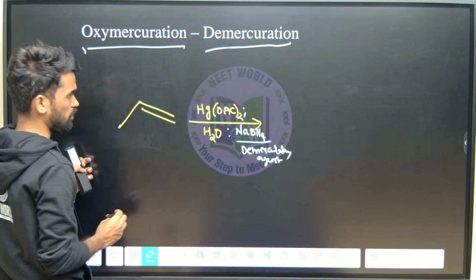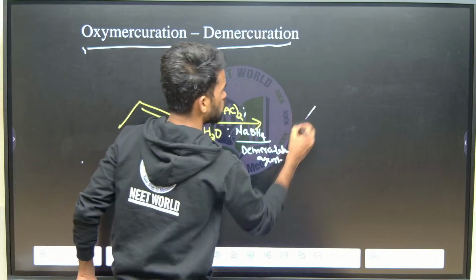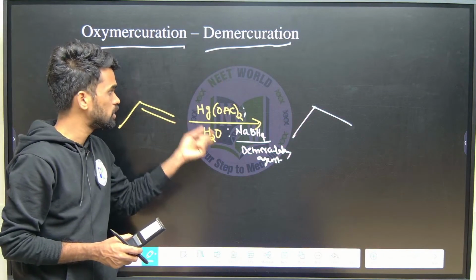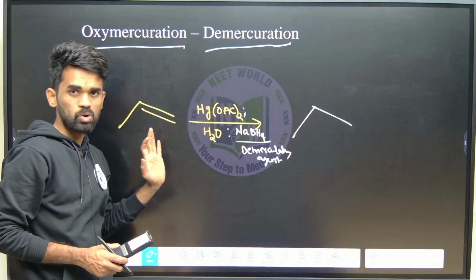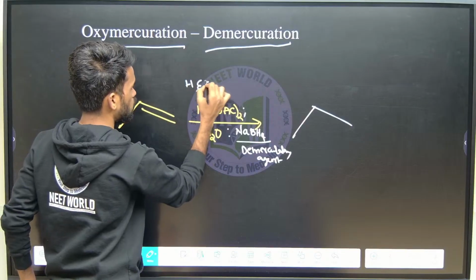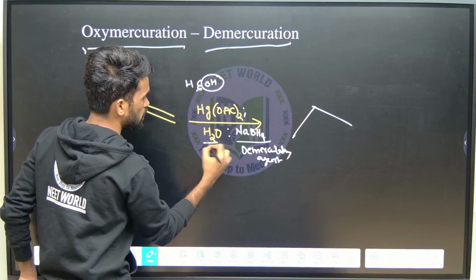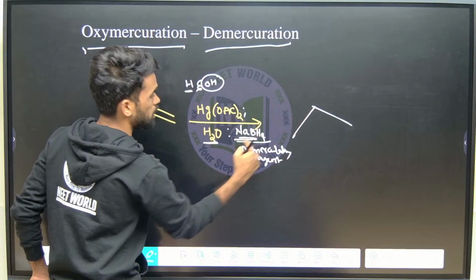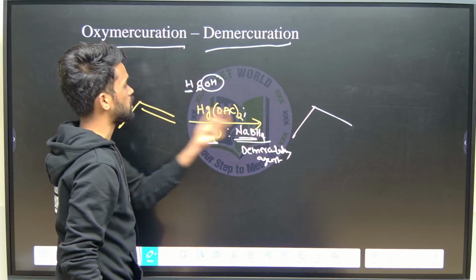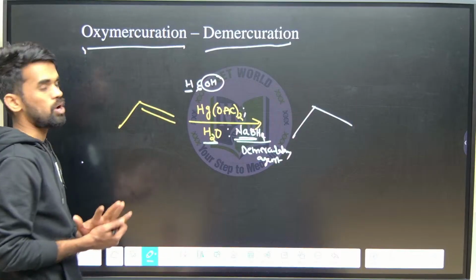See, directly I will tell you the product here. What does the Markovnikov rule mean? Just simple. To this we need to add water in the presence of this thing. It means you are going to add H and OH. This OH is coming from water and H is coming from this NaBH4. Remember that. So where does this OH go, where does this H come? It simply follows Markovnikov rule addition.